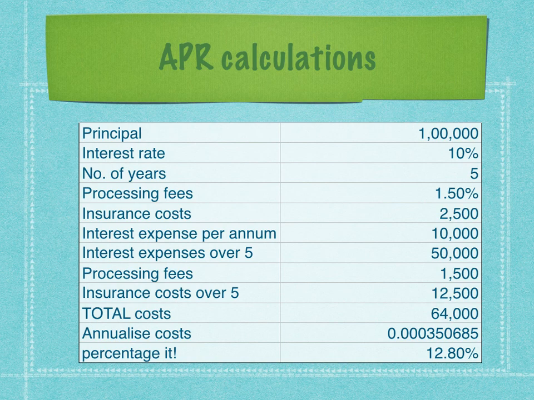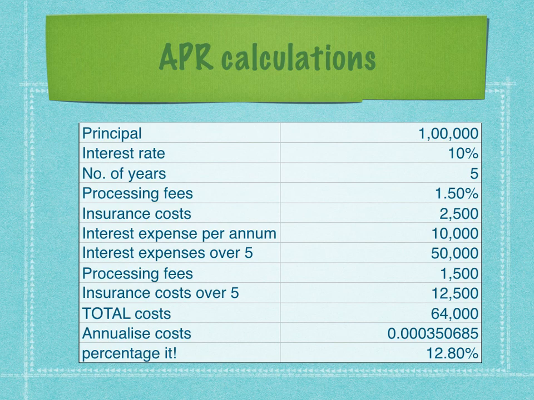What is the processing fees? Processing fees is only one time. That is 1 lakh multiplied by 1.5%, we get 1,500. The insurance costs over 5 years is 2,500 multiplied by 5 gives us 12,500.